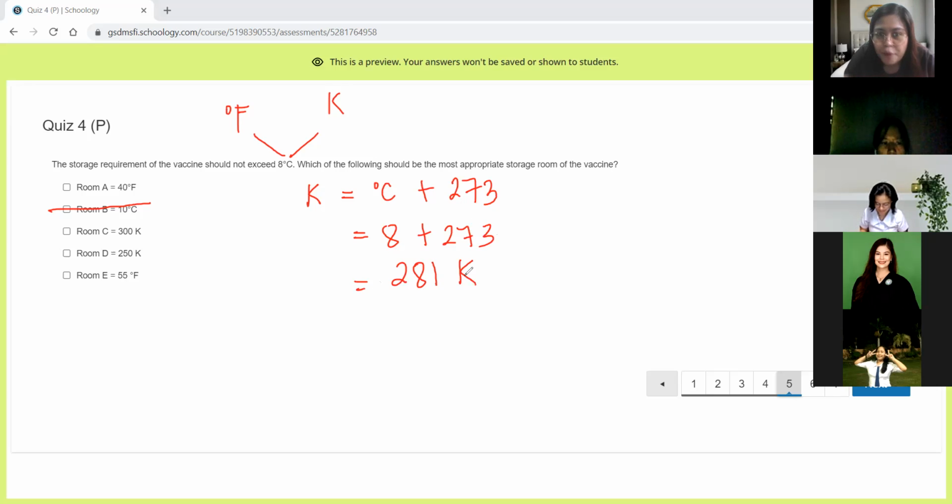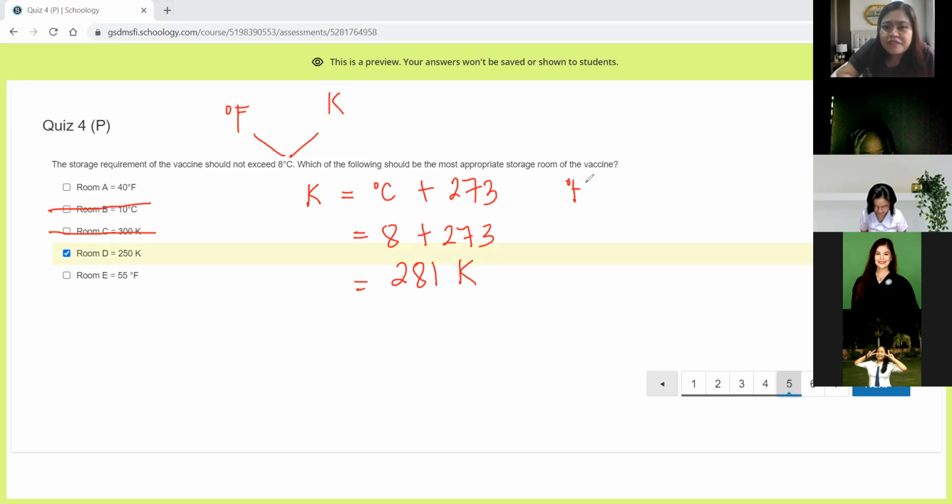That's the ceiling, the highest. So, anything lower than 281, the vaccine can be placed there. In these choices, which is lower than 281 Kelvin? I think yes. You have room D. Room D is 250 Kelvin. So, you can place the vaccine there. Of course, the room with 300 Kelvin, cross that out, because it is too high. It exceeds 8 degrees Celsius when we convert it.